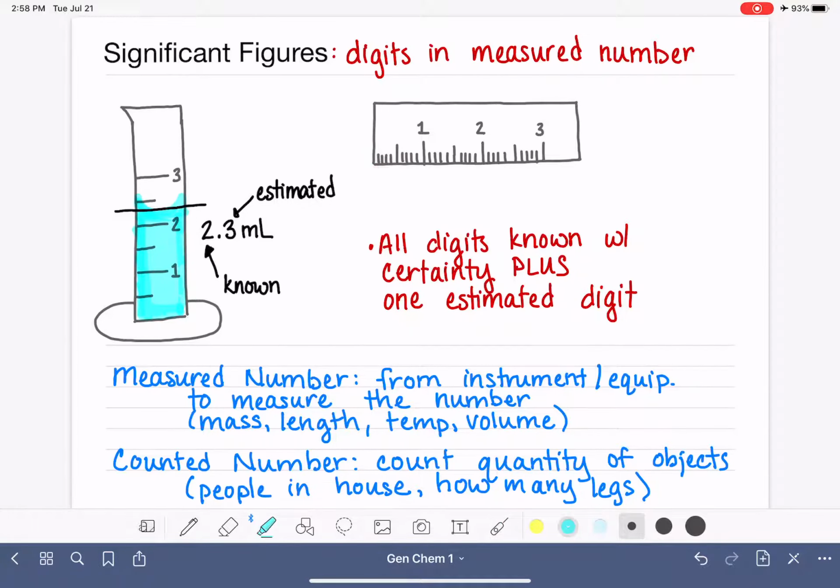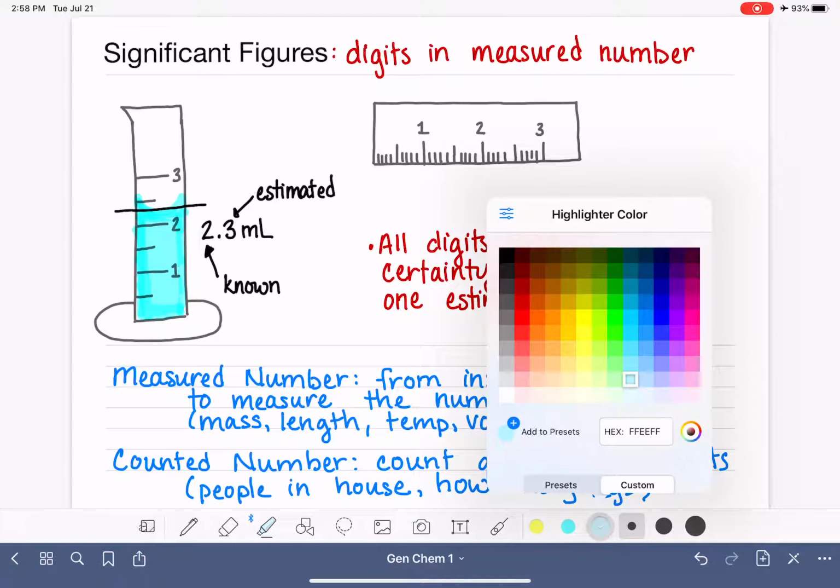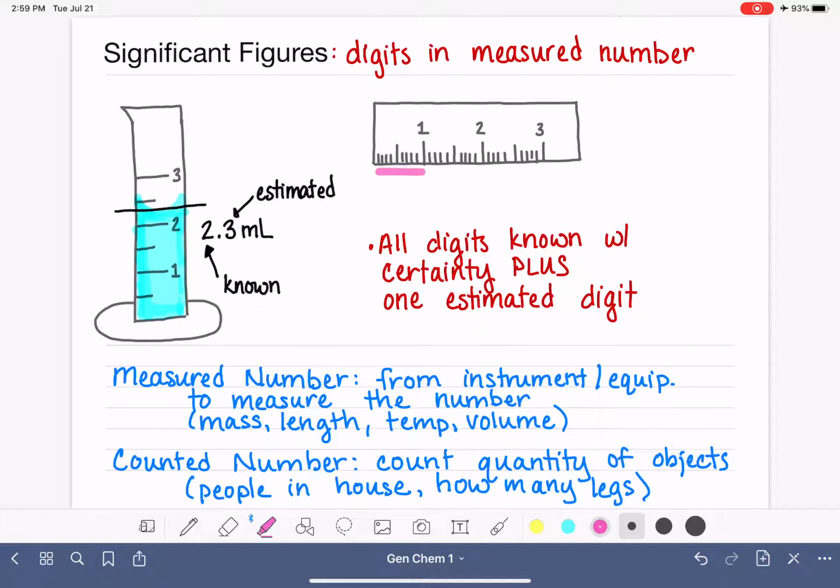So let's put an object underneath the ruler. I'm just going to draw a line, and we will estimate the length of that line from our ruler. Actually, I don't like that line. Let's do this line.